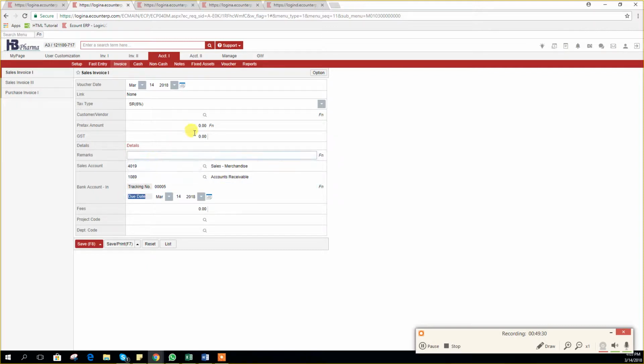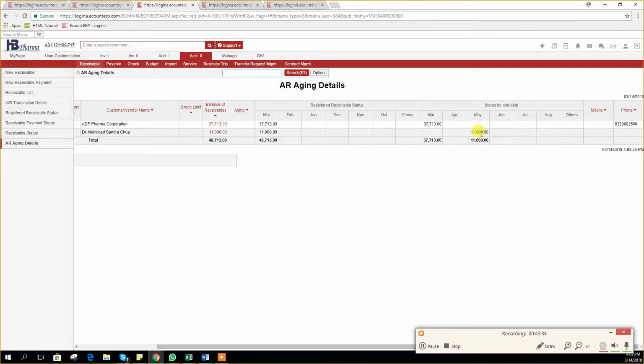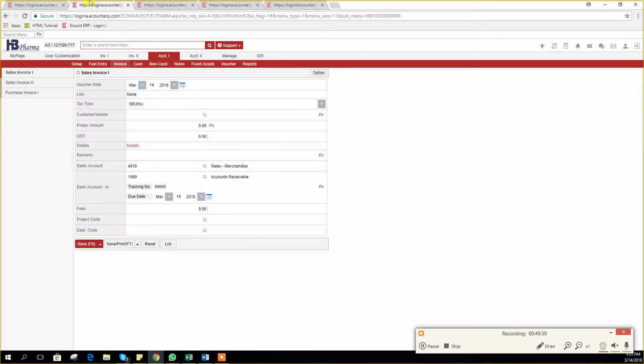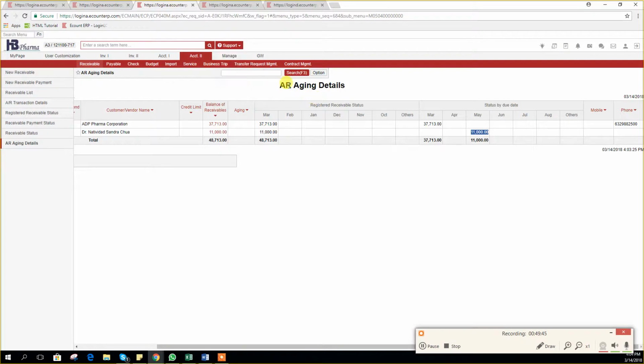So the amount that you put in here is going to be on that date according to the month here, right? So that is AR aging details.